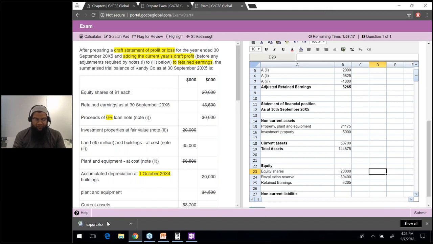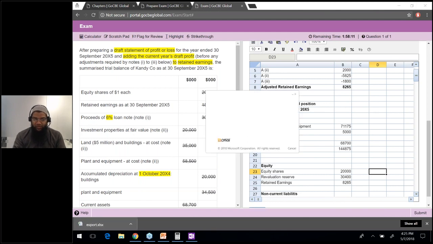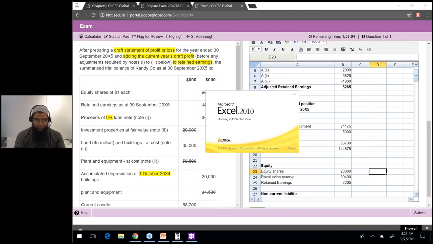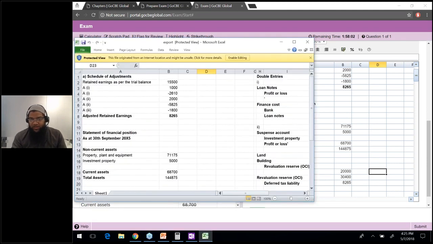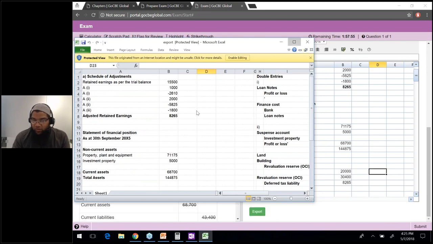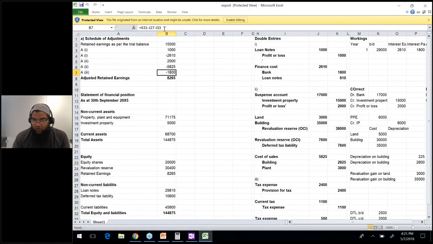So if you see, the Excel file has now been downloaded. If I open the Excel file, you can see the entire answer has now been downloaded onto it. In the income statement, you are going to find all of the linkages that we have created.